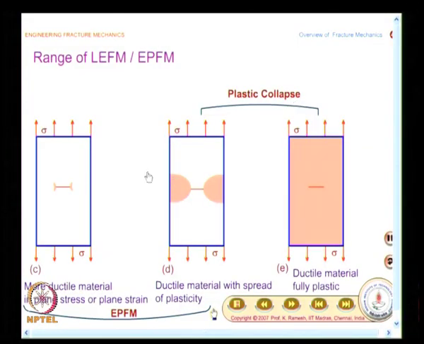So, this kind of approach is needed when you have to handle practical problems. So, this gives an overall idea how plastic zone indirectly dictates which type of theory you have to invoke as a first approximation to handle the problem.